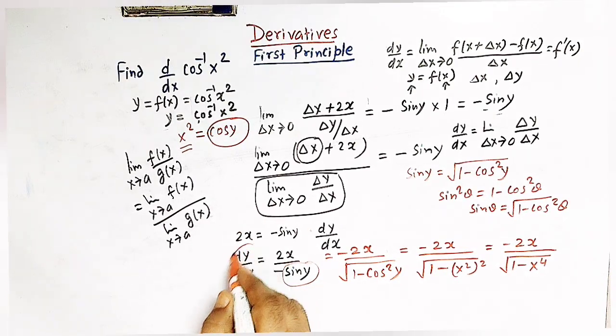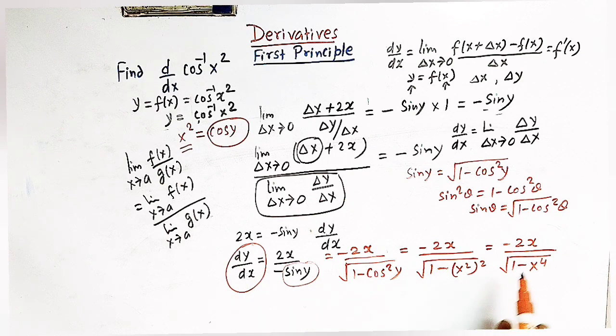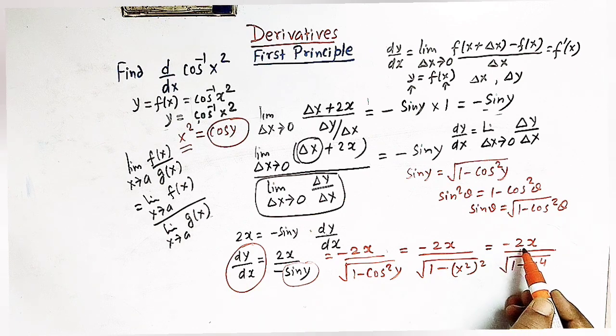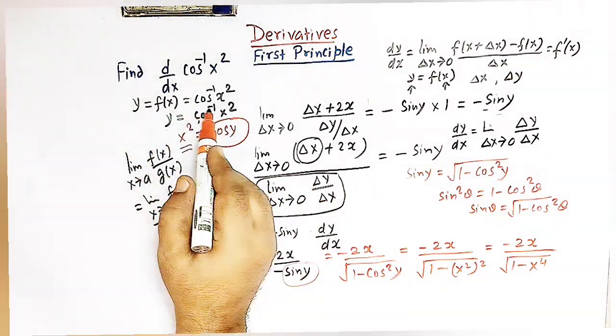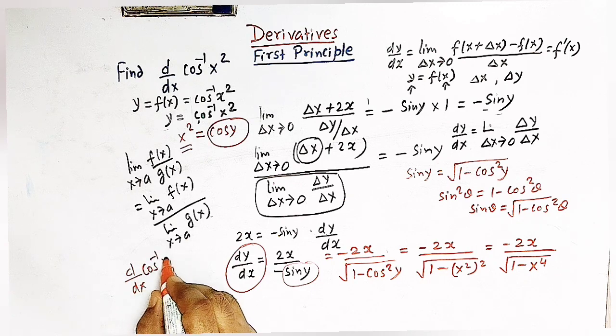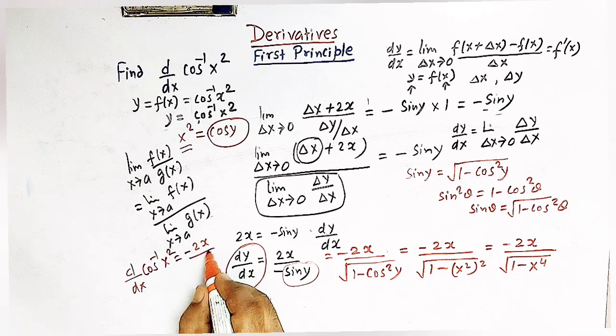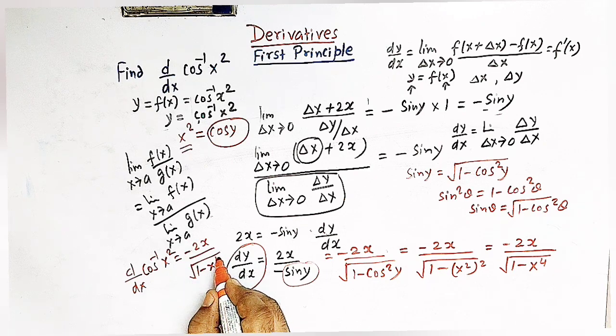So viewers, the derivative of y with respect to x is given by minus 2x divided by square root of 1 minus x to the power 4, and y was cos inverse x square. So the derivative of cos inverse x square is given by minus 2x divided by square root of 1 minus x raised to 4.